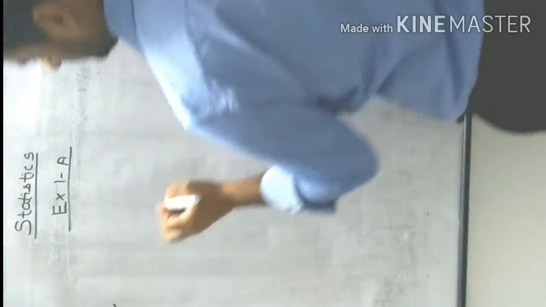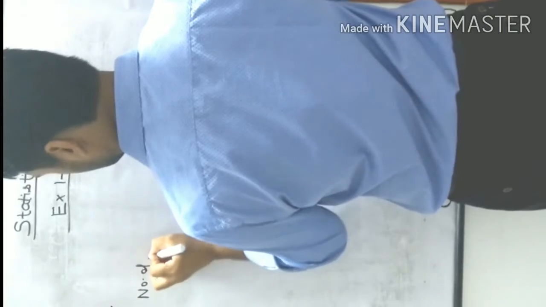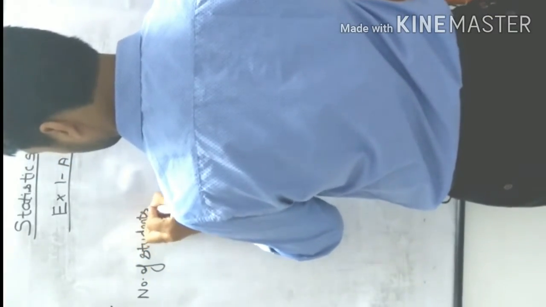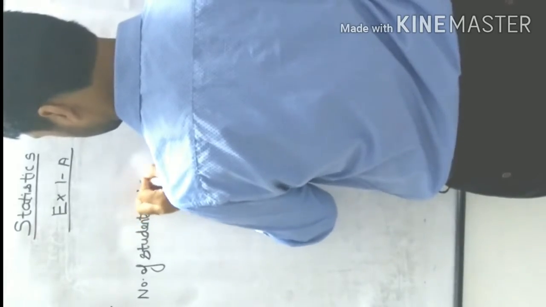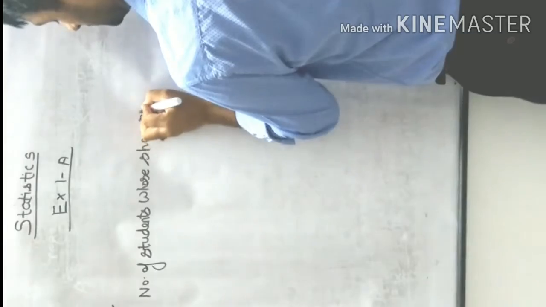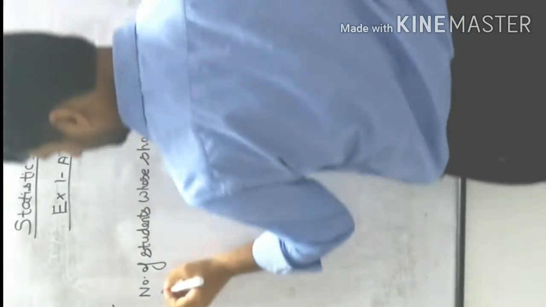For this, how many students are there? 30 plus 50 plus 40, like this you write. So number of students whose shoe size have been corrected.